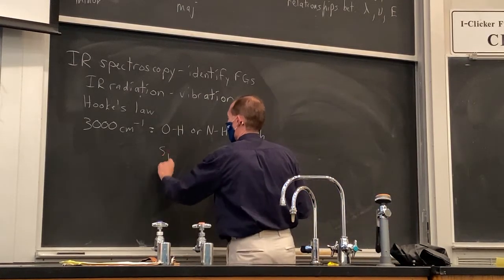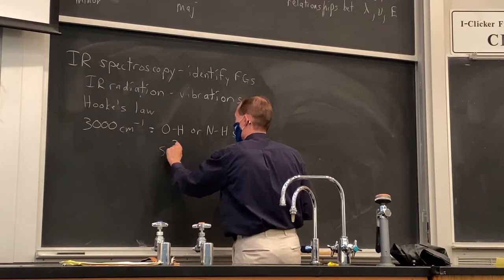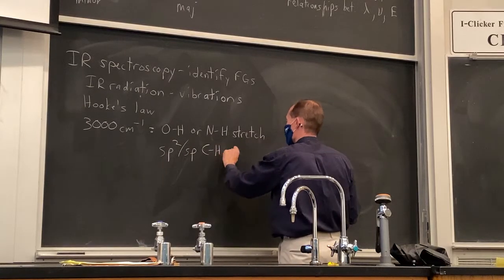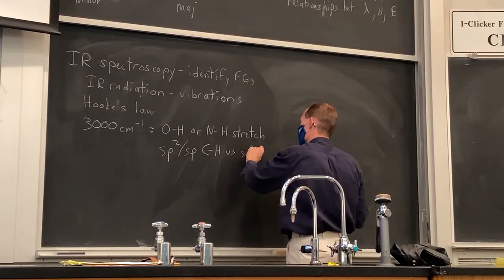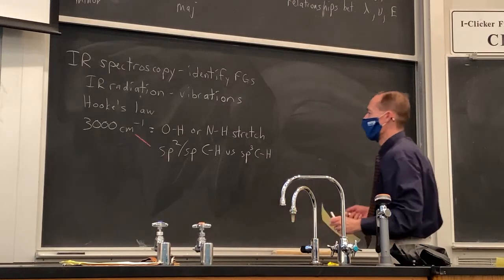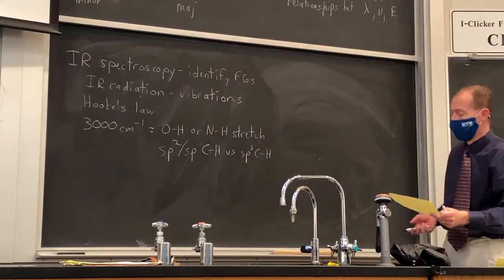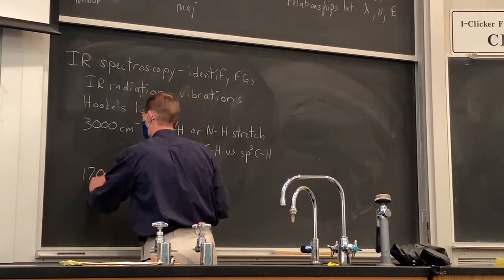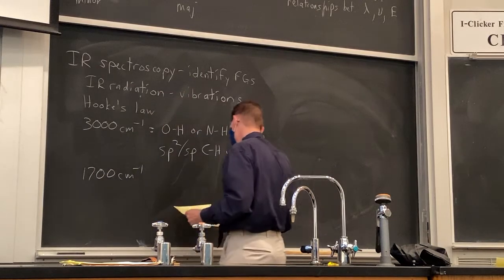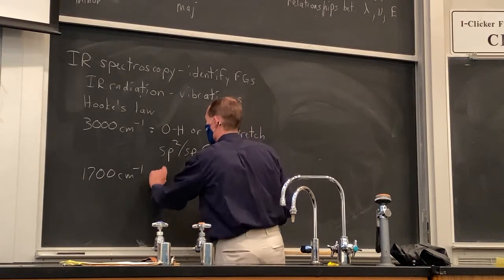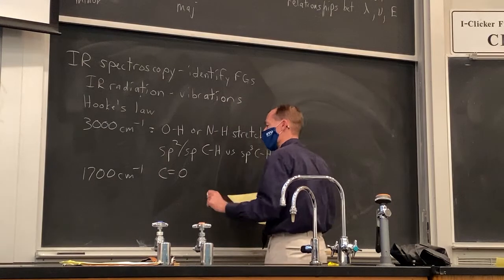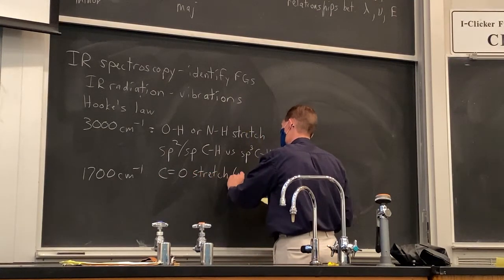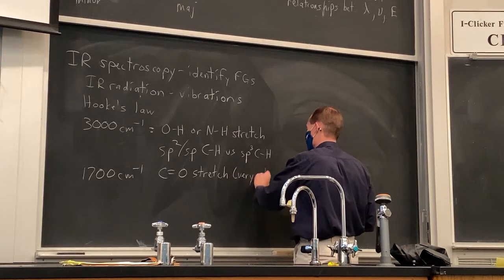And then you also have your sp2 or sp CH stretches above 3,000 versus your sp3 CH stretches that are just below 3,000. So two reasons why 3,000 is important. And then we told you that 1,700 is our other important number. That's where our carbon-oxygen double bond or the carbonyl stretch appears. And remember that that stretch is a very strong signal.